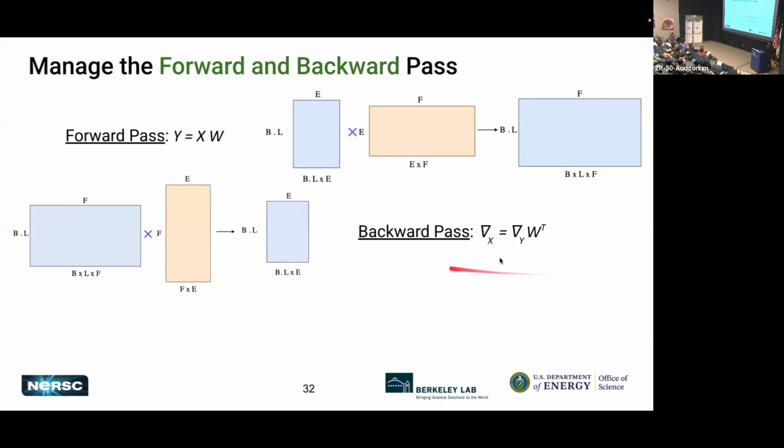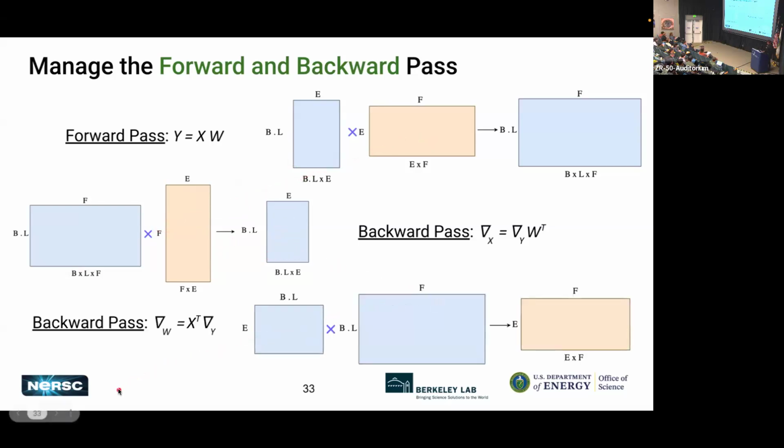What does your backward pass look like? This is backpropagation 101, which most of you know already, but I've just rewritten it in terms of matrix multiplies. So your gradient with respect to x is essentially gradient with respect to y, and that's the gradient of the loss with respect to y times W transpose using chain rule. So you can once again think of that as matrix multiplies. So grad y times W transpose, which is the transpose of this matrix, is equal to the grad x.